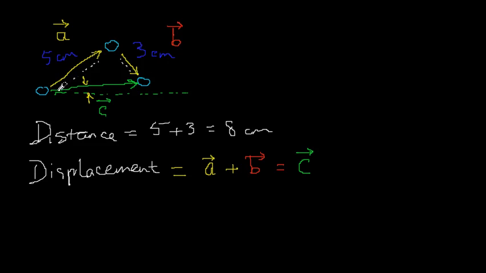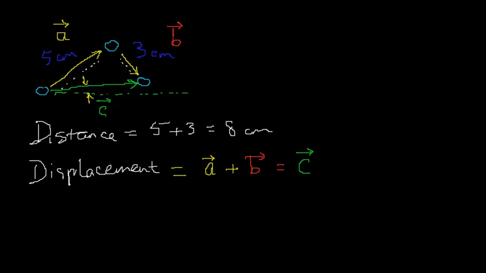So for example, if we start with these two original 5 cm and 3 cm displacements, then after finding the final answer, say by drawing this triangle, let me give an example of what we might get here.